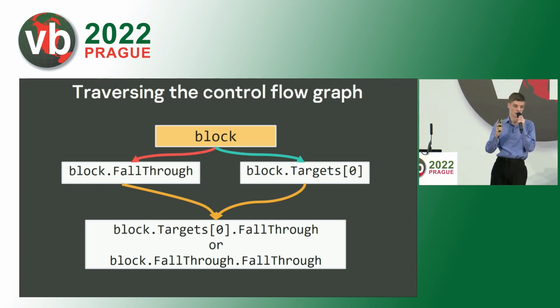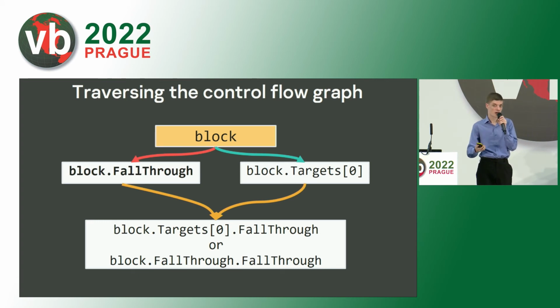A block object in dfo.dot has two fields. The first field is called fall-through. A fall-through field corresponds to either an orange arrow, an unconditional jump, or a red arrow, which is a false branch of an if statement. You can see an example on the graph on the screen. And another member is called targets. It's an array.